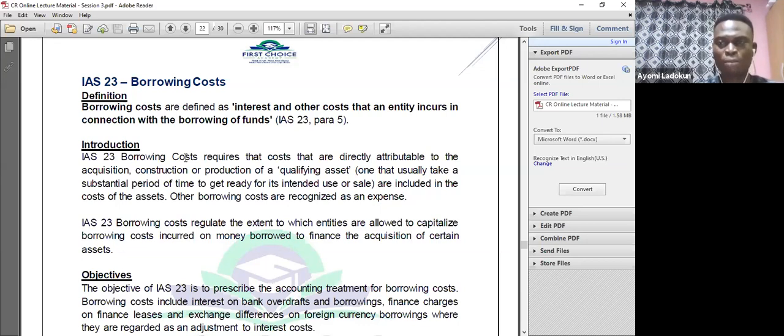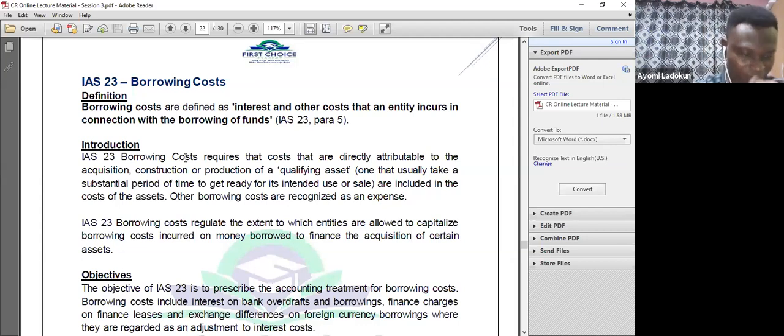So that means you are paying both the principal and the interest. When you borrow money, the extra amount that you pay on money borrowed is what we call borrowing cost. We can call it finance charges, but the standard calls it borrowing cost.